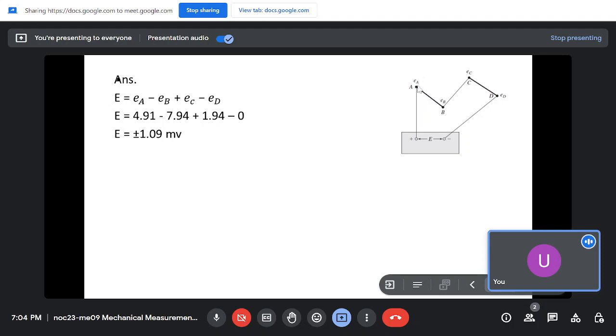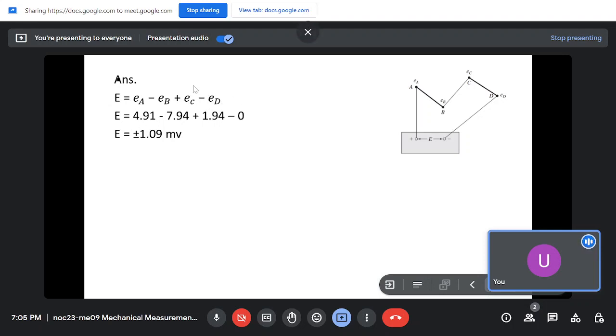So this will act in the opposite direction, because you have iron positive, constantan negative, and then again iron positive. So the EMF will be EA, and then minus EB. Then you have EC positive, and then ED negative. So the EMF will be the summation of all this. So E will be EA minus EB plus EC minus ED.